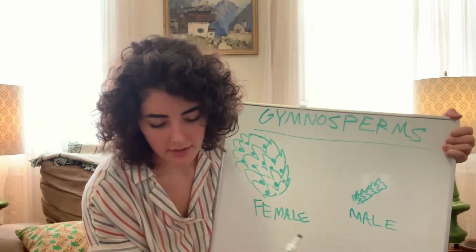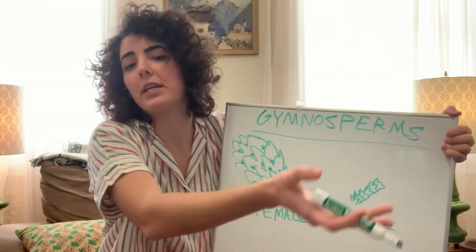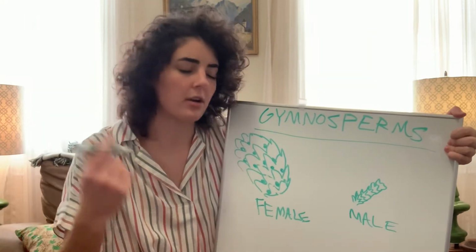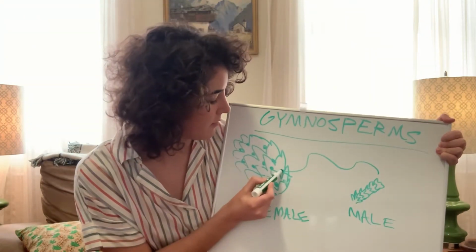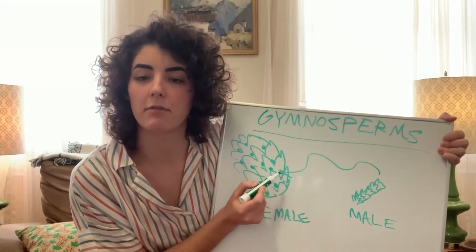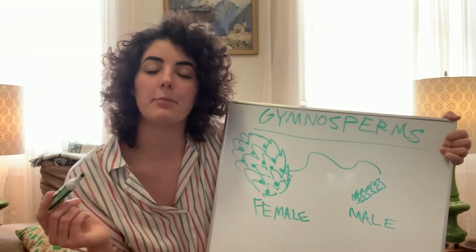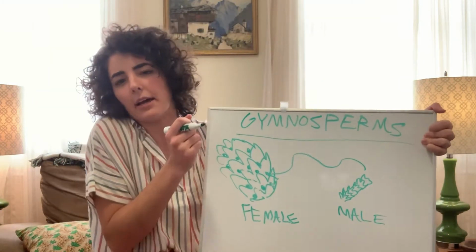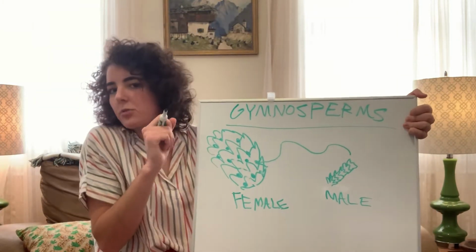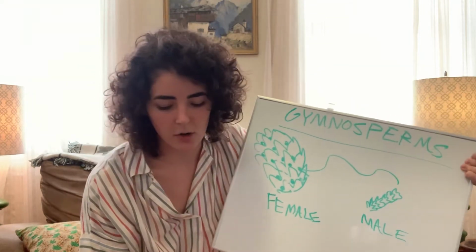It produces pollen that is then taken away by the wind or the water or whoever, and the pollen makes its way to the female ovule on the outside of the cone, fertilizes it, and it becomes a seed. Once it is a seed, it kind of moves inside, on the inside of the pine cone.